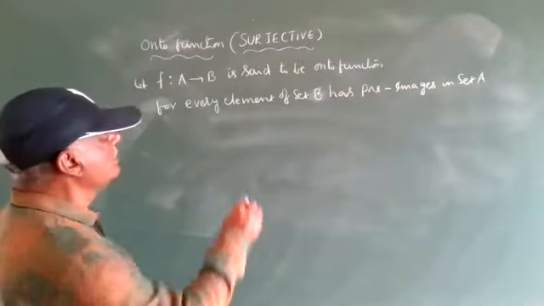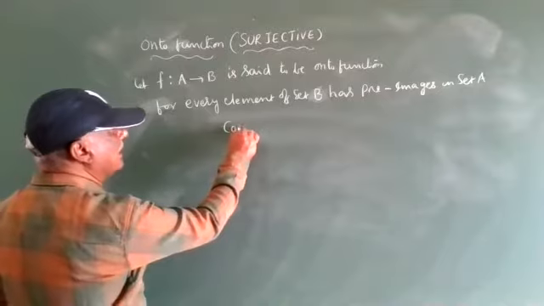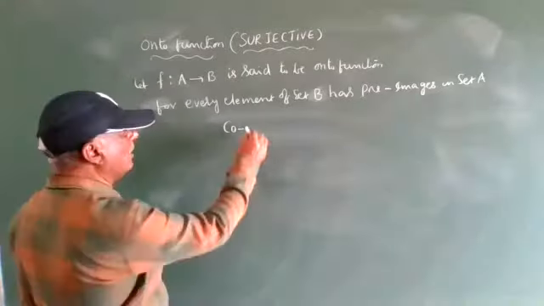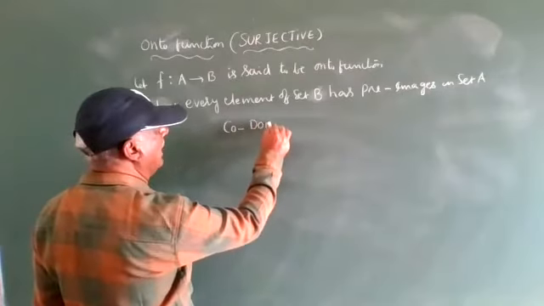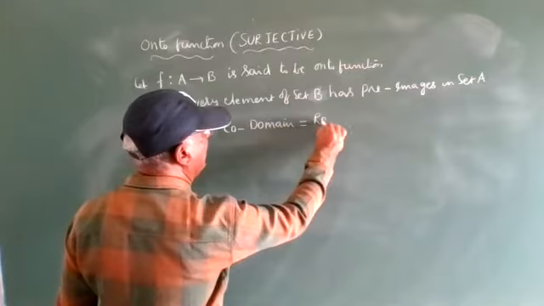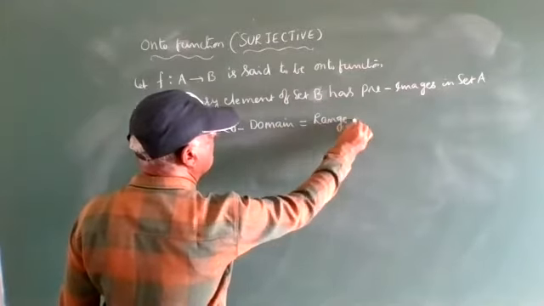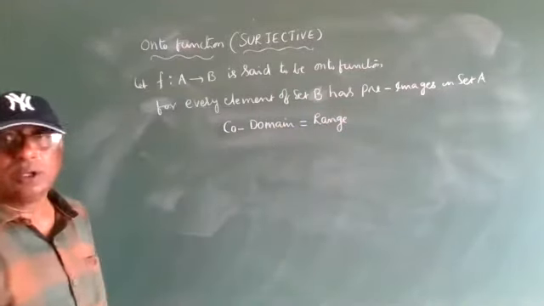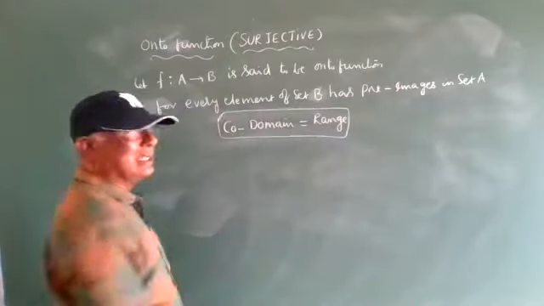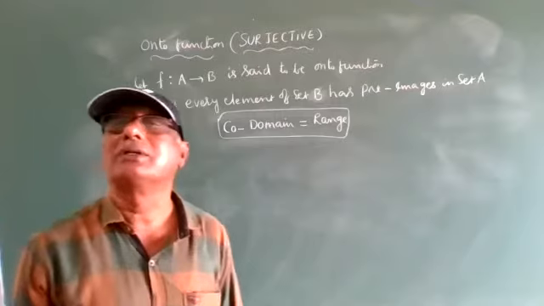Simply, codomain is equal to range. This is the simple definition. Codomain and range both are equal, then we say that it is an onto function.